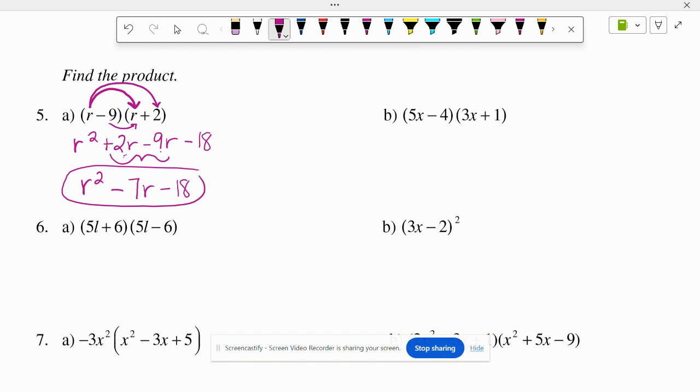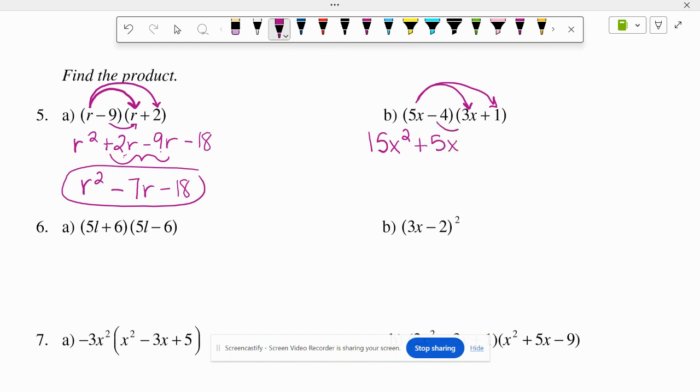All right. Matthew and Brian, I'm coming to you. Who wants to go first? Brian, you got it? What is 5x times 3x, Brian? 15x squared. X times x is x squared, okay? What is 5x times 1? 5x.